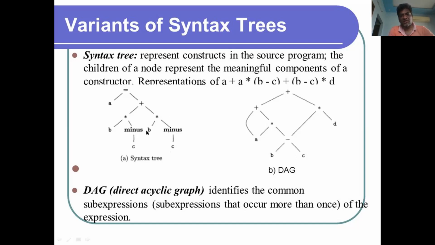If this is the syntax tree we are following, then while converting, we require a temporary variable for this b minus c and another temporary variable for this b minus c. But with directed acyclic graph, we don't require several temporary variables for representing the same sub-expression. Single temporary variable will be sufficient for representing common sub-expressions. So that is the biggest advantage we are going to get. The number of lines in the intermediate code will be vastly reduced with the directed acyclic graph. We'll see that later how this can be done.